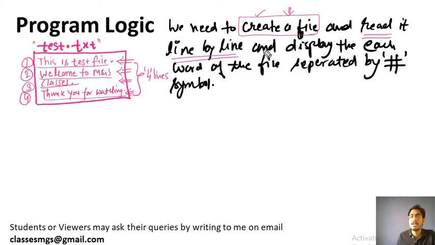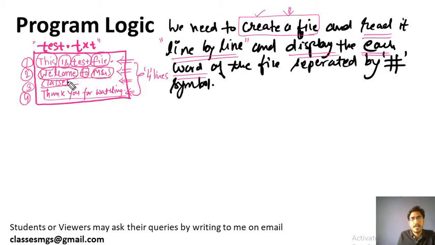There are 4 lines. You will read it line by line using a Python program, and then display each word. What is a word? This is one word, after a space there is another word, after a space there is another word. These are the words.